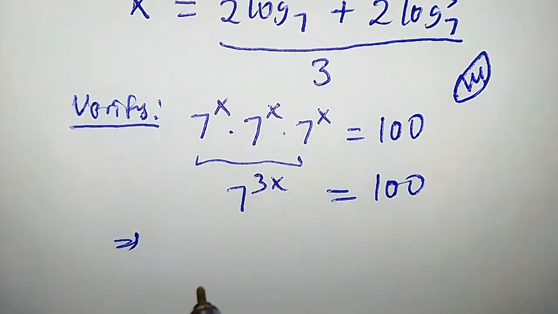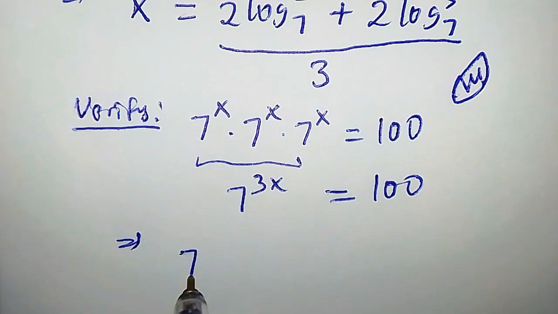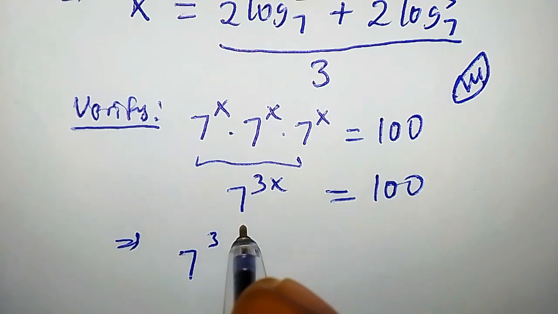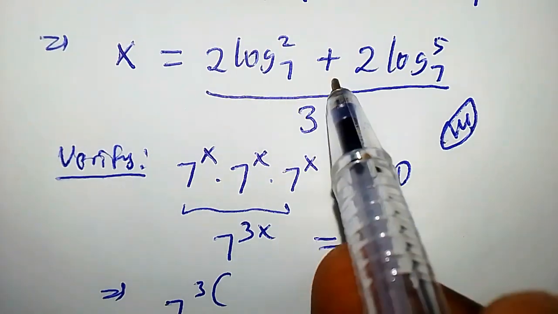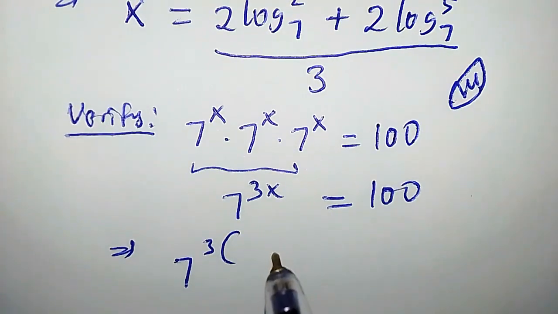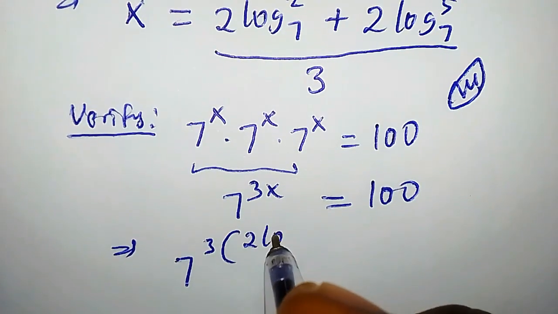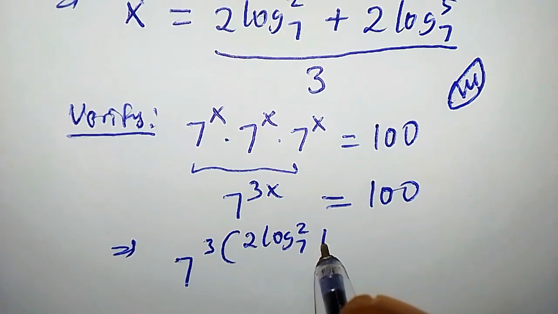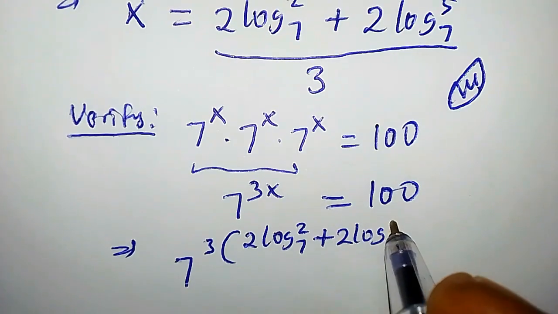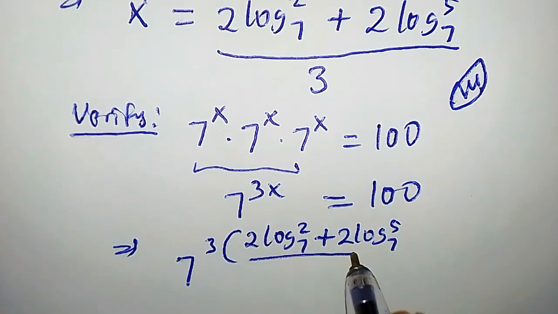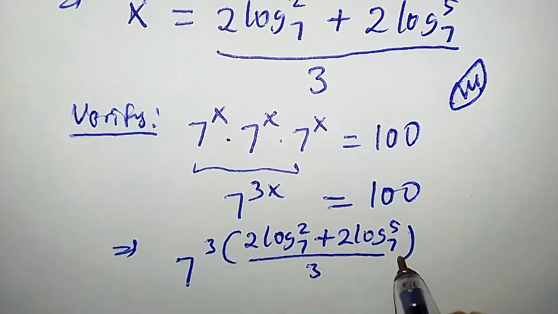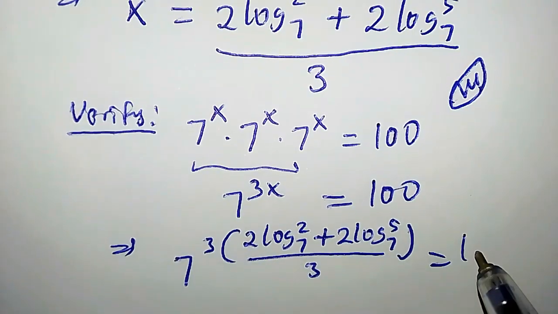So we're going to have 7 raised to 3 times this, that will be 2 times log 2 base 7 plus 2 times log 5 base 7, divided by 3, equal to what? Equals to 100.